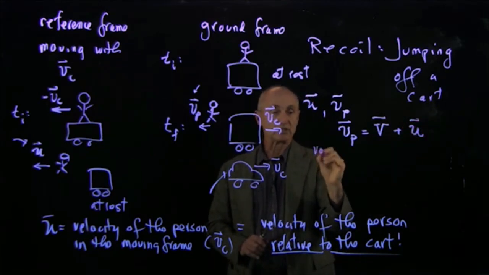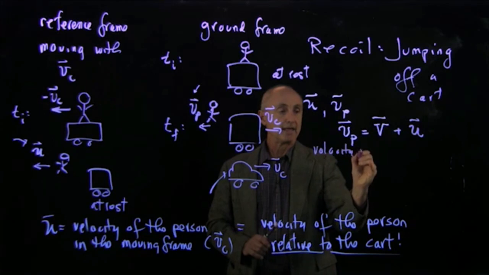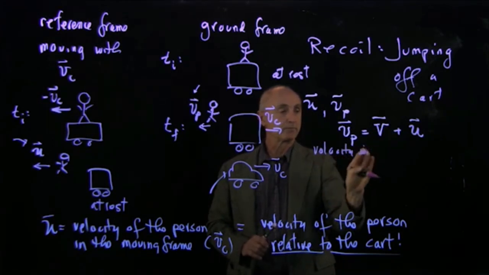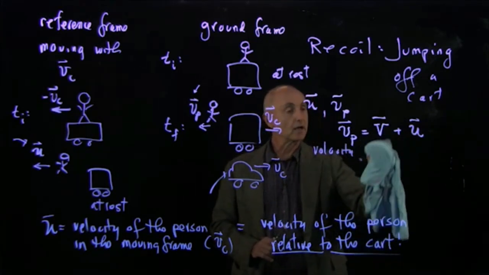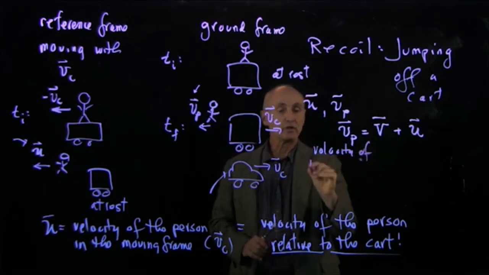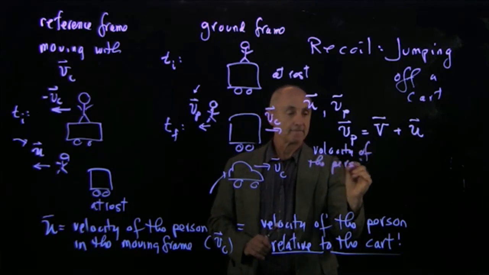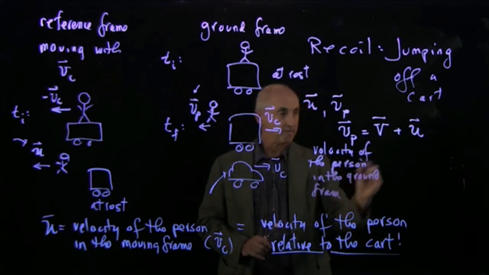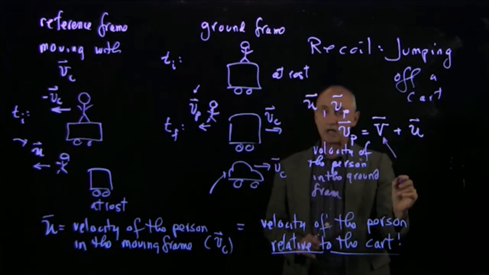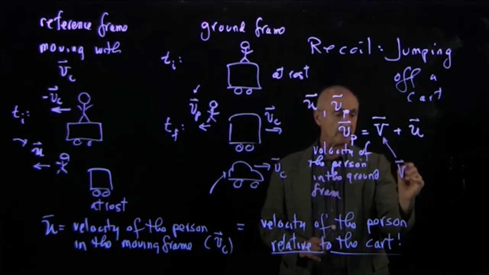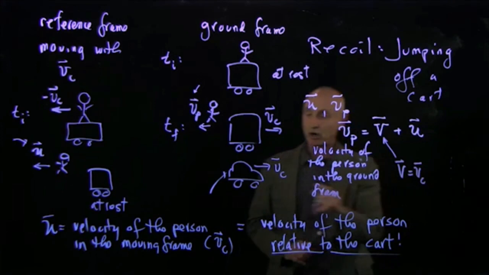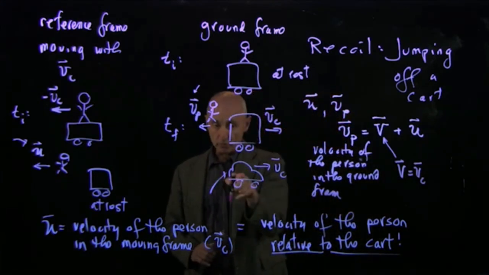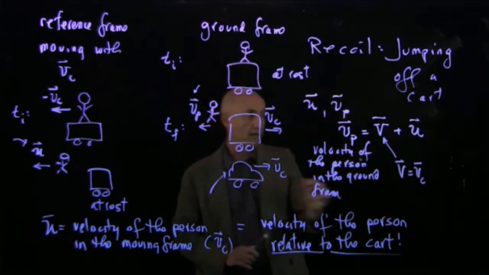So what we have is, this is the velocity of the person in the ground frame. V is the relative velocity of the two frames. So here we have that V is the velocity of the cart, because you're in a frame moving with vc with respect to the ground.